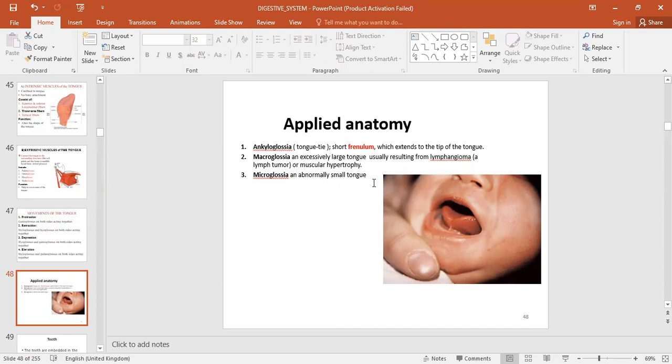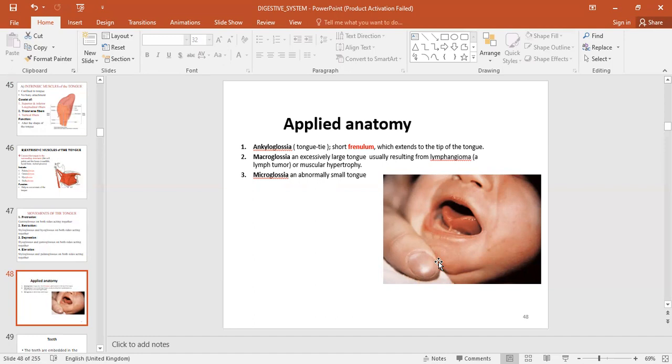Okay. Then other conditions that may affect the tongue is what we call macroglossia. This is where the tongue is too large for the mouth. This is seen in patients with acromegaly. When you reach a certain age, above 25 years of age, then for some reason, maybe there's a tumor in the pituitary gland, the gland starts to produce excessive amounts of growth hormone.